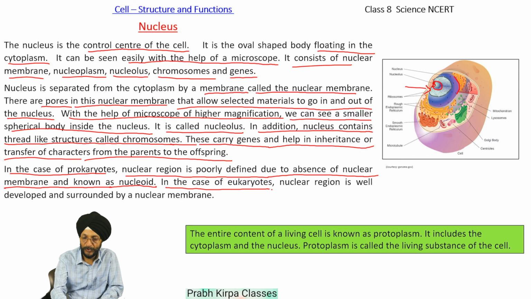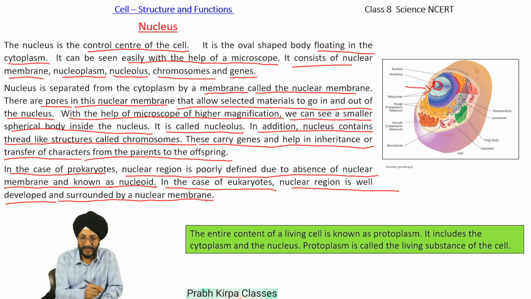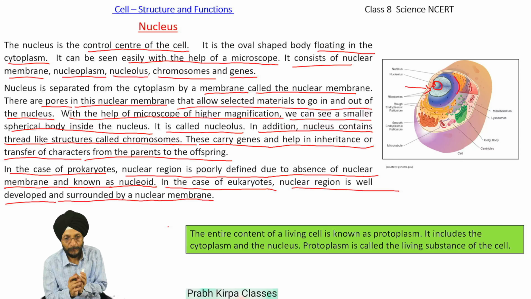In the case of eukaryotes, the nuclear region is well defined or well developed, and the nucleus is surrounded by a nuclear membrane. If there is a question in the exam whether the nucleus is present in prokaryotes, our answer will be no. The nucleus is not present because the nuclear region is poorly defined.